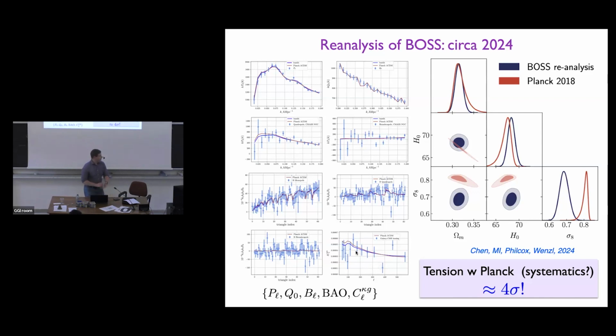One caveat, maybe I should say, is that all this data set with all these extra ingredients and calculations included is in a little bit of a tension with Planck in terms of this sigma 8 value. So it seems that the tension now is about 4 sigma. And obviously, you've seen the DESI results on the full shape, and they don't find any tension. So there is obviously kind of a discrepancy between BOSS and DESI.